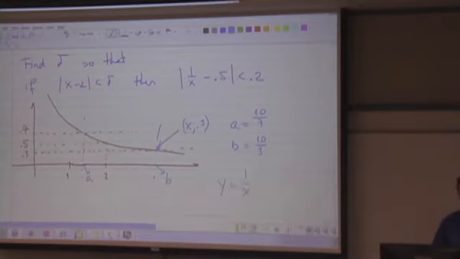That means 0.3 is equal to 1 over x, which means x is 1 over 0.3, which is 10 over 3. Why 10 over 3? Because 0.3 is just 3 over 10, and you're taking the reciprocal of that.